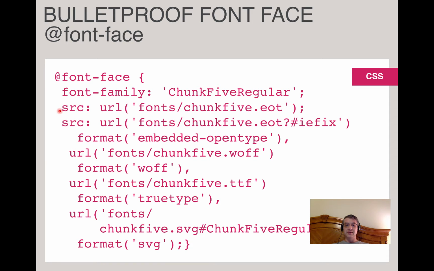I can do all sorts of stuff in here. Just skip this, well, you don't have to skip it, but some of the stuff, like this IE fix, we don't have to do anymore. This shows how I can say, here are a bunch of different types of the same font that you can use: an SVG font, a TrueType font, a WOFF font.